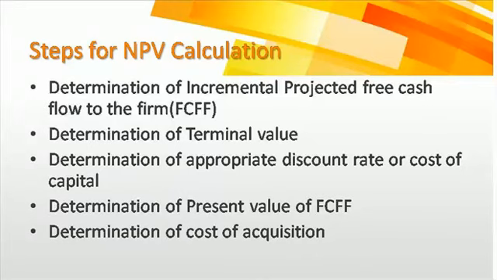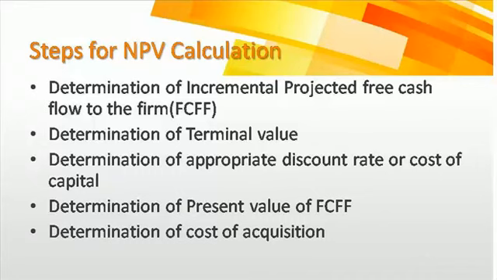You must have studied this in the second semester, in which the projected free cash flow is found out depending upon some assumptions. Free cash flows for a period of maybe 5 years or 10 years will be calculated. Then those will be discounted, and the present value will be calculated.